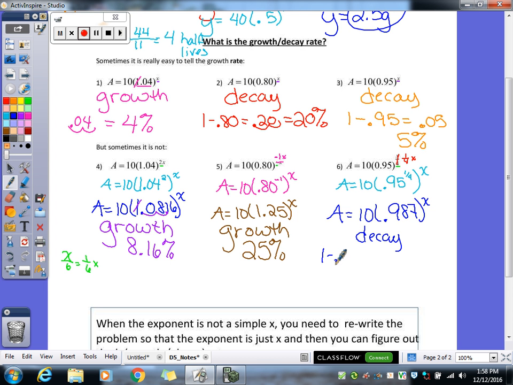So again, 1 minus the decimal would give us what? I would have 0.013 just because I stopped before you did. So as a percent, this is a decay of 1.3%. So those ones are a little bit trickier to figure out.